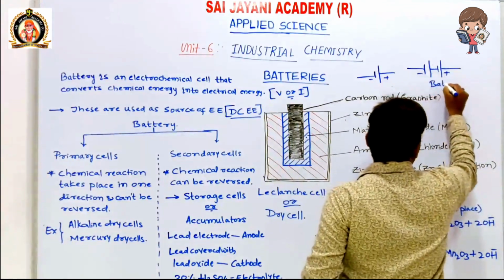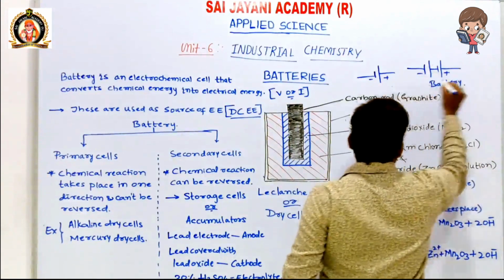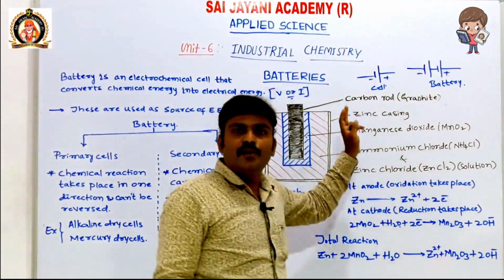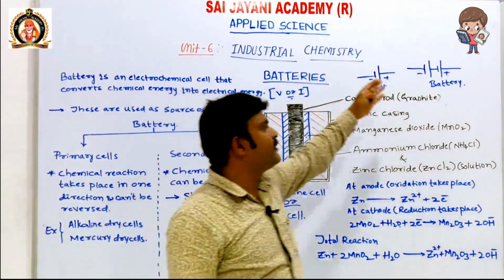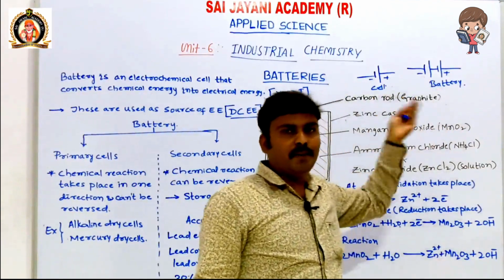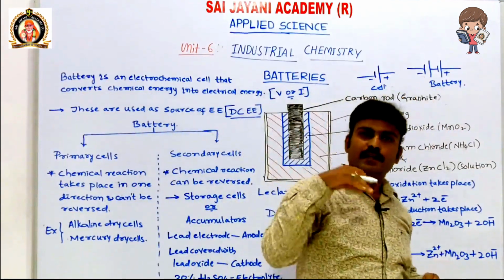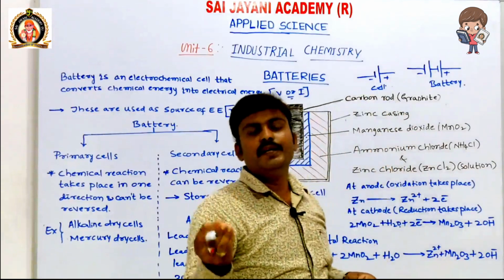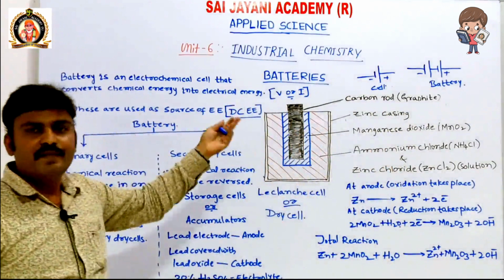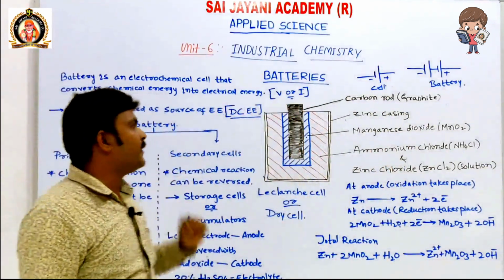This is a battery. So this is a cell. A cell is a single unit of electrical source. A battery is the combination of these single units in any number, either in series, in parallel, or in series and parallel. This is the difference between a cell and a battery.